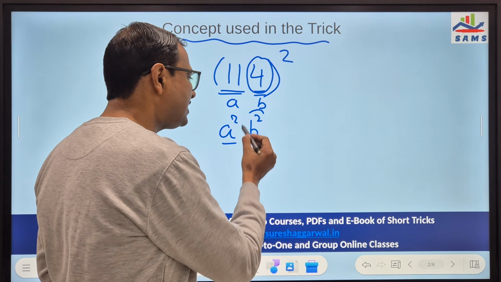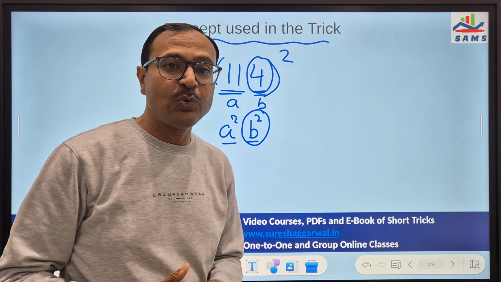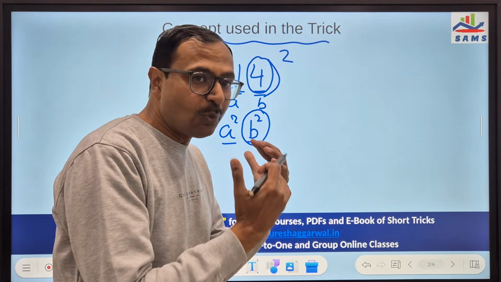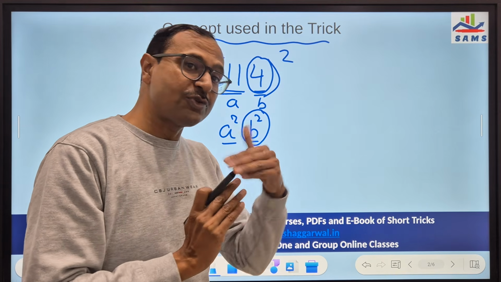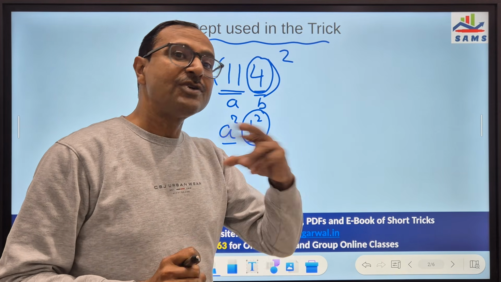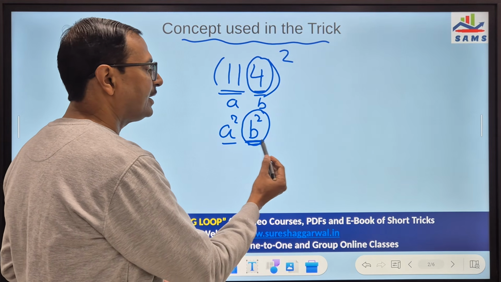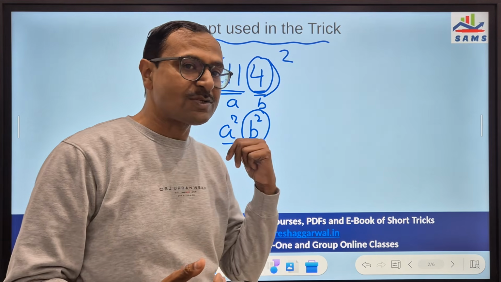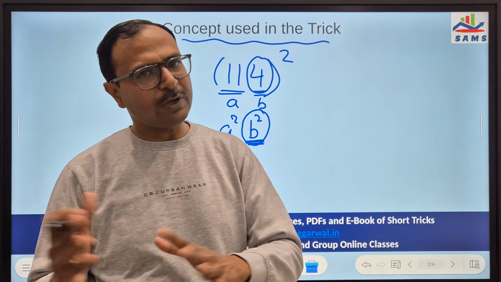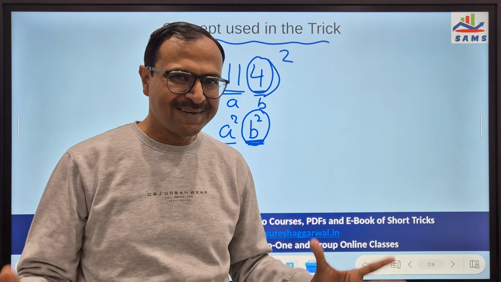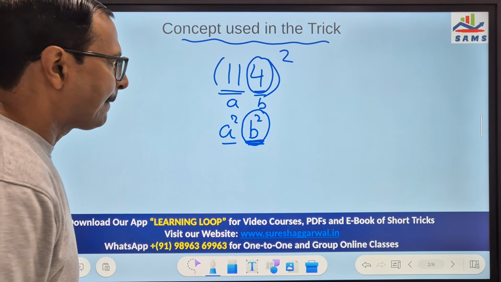So whenever B square is a single digit number, you need to write it as 04. Like 2 square is 4, so 04. 1 square is 1, so 01. But that is to be considered only for the B square, not for A square. A square can be a single digit or a double digit number. No problems.